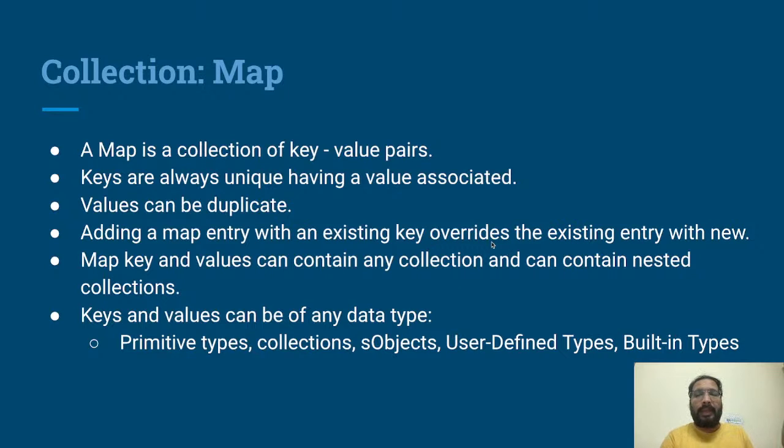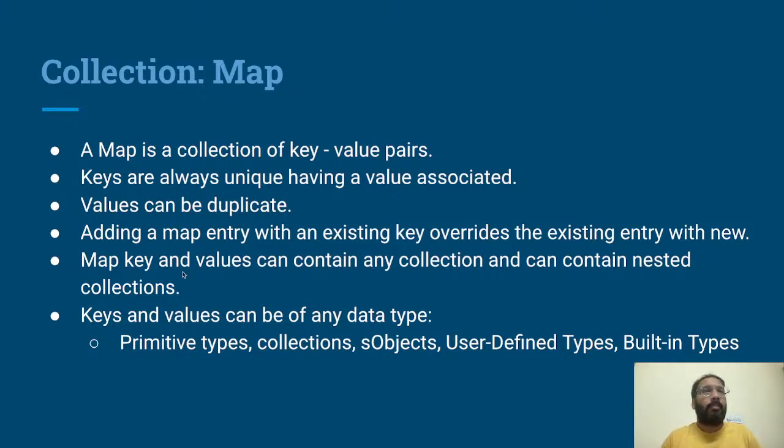So your existing entry will be removed and the new entry with the new value will be available in the map. You need to make sure of this. Sometimes by mistake we store a new value with the same key that is already available in the map, and due to this your existing value will be overridden by the new value.